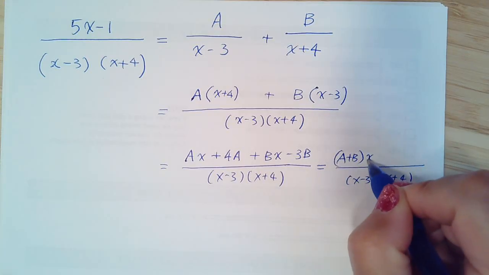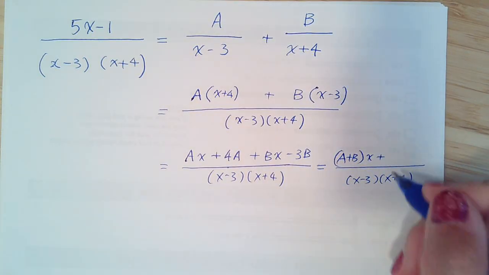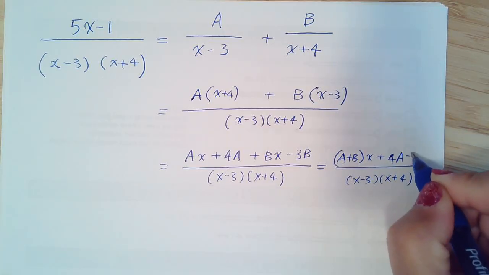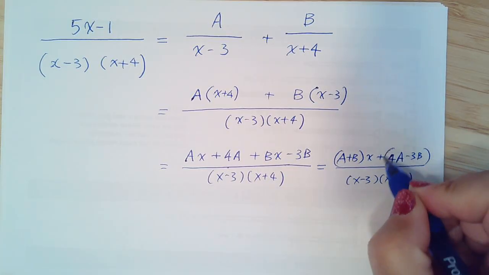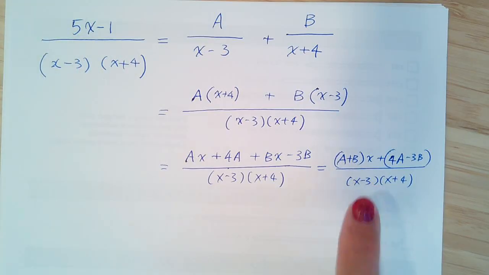That's how many x I have. And for the number without x, I have 4A minus 3B. Now I would compare this with my original given expression.